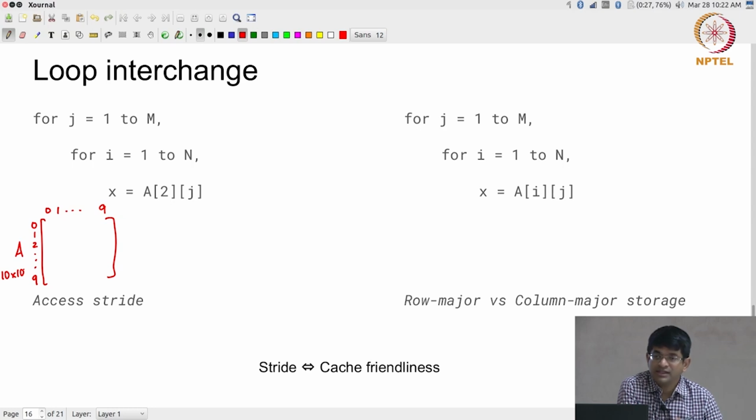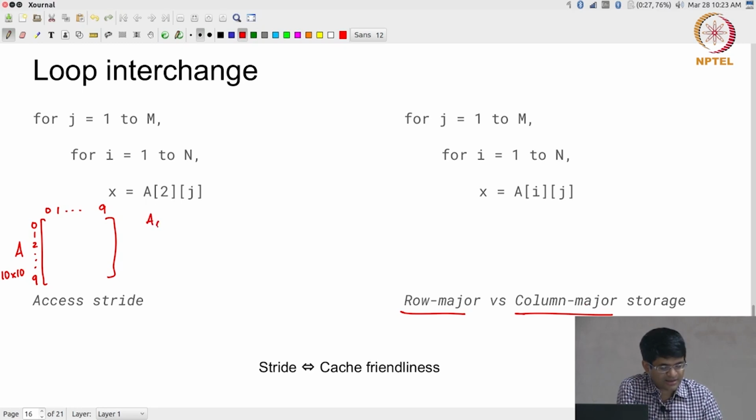It actually turns out that depends on the programming language that you are using, because there is no fundamental thing saying that this is how you need to store an array in memory. Furthermore, C and Fortran use different techniques for storing it. They are called row major and column major approaches. Row major essentially says, I will store the entire row first.